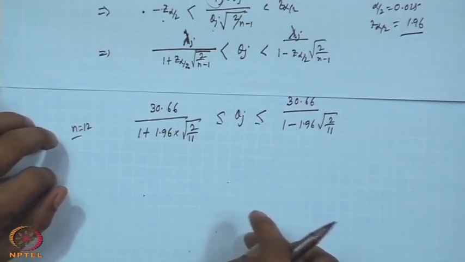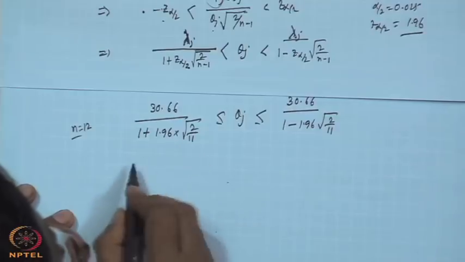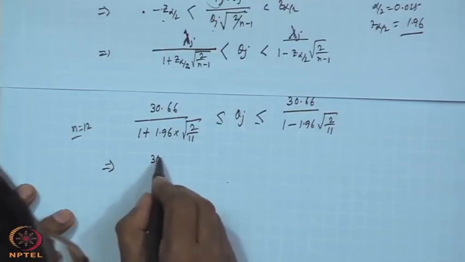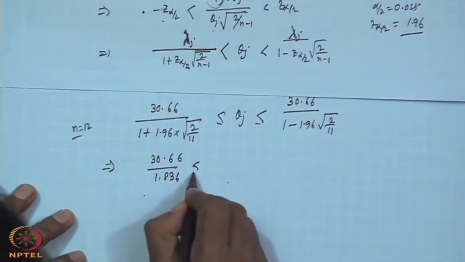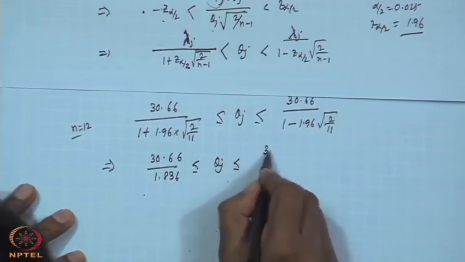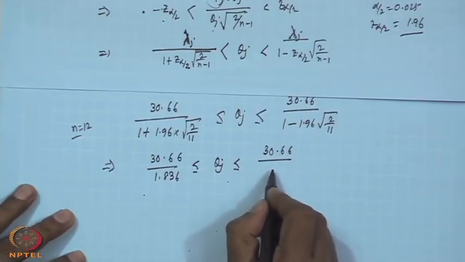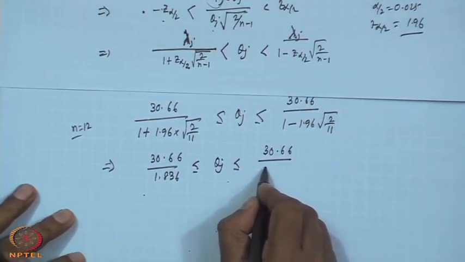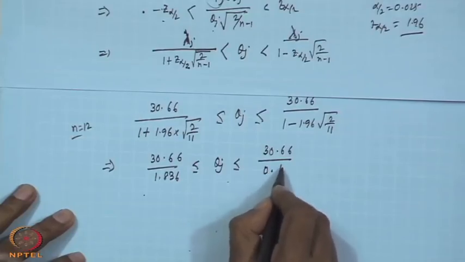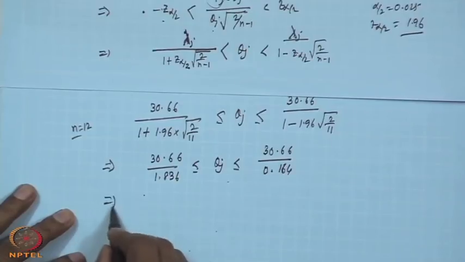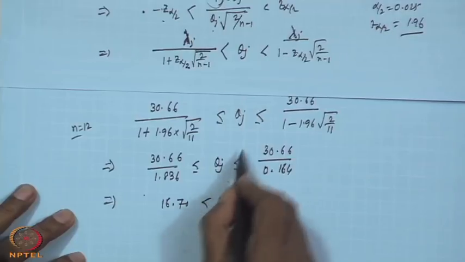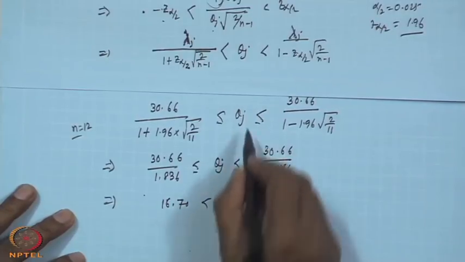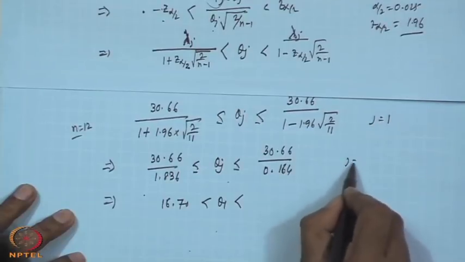Okay. So ultimately this quantity will yield that 30.66 by 1.836 is less than or equal to theta j, less than or equal to 30.66 by 1 minus 0.0164, and this leads to 16.70 less than theta 1, because we are considering j equal to 1.